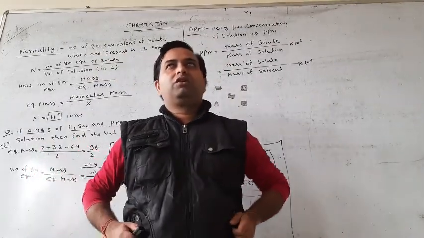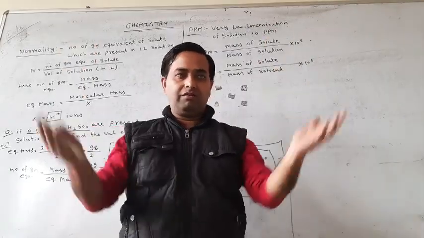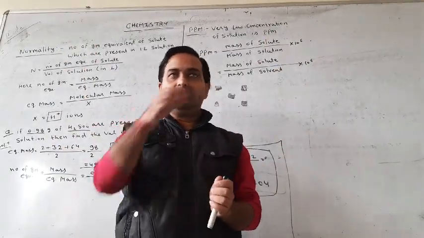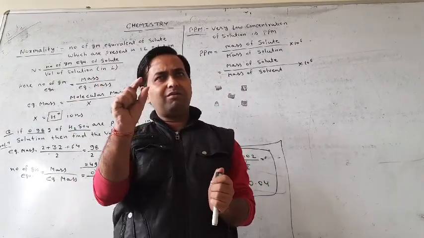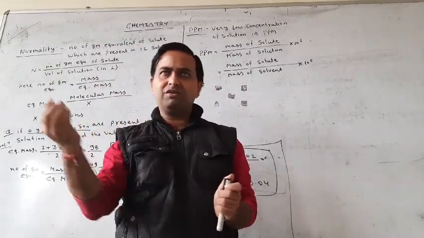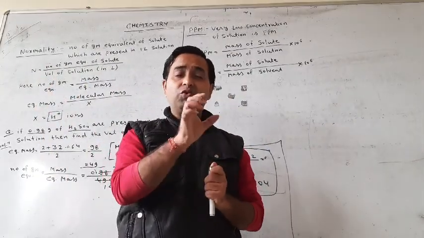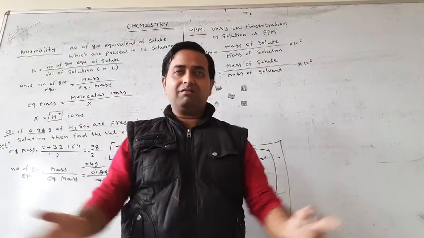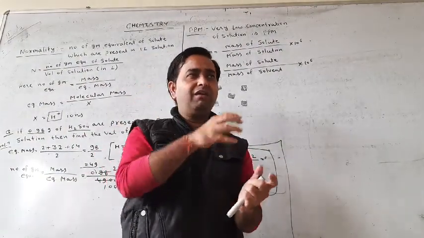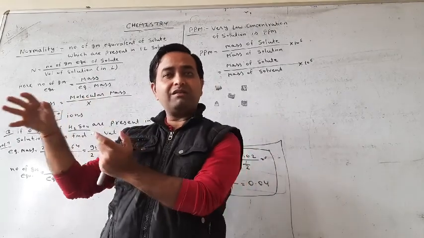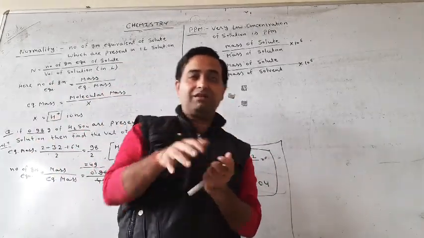Students, suppose you have a big jar of water and you put a little amount of some other ingredient or solution. In that big jar, if you put a little amount, how can you calculate the concentration in that water?